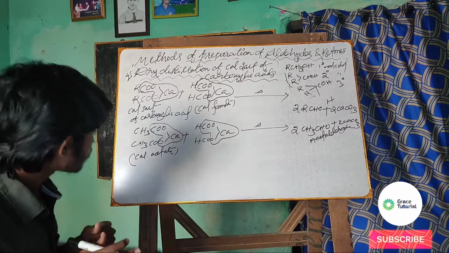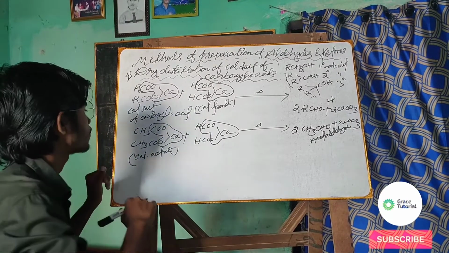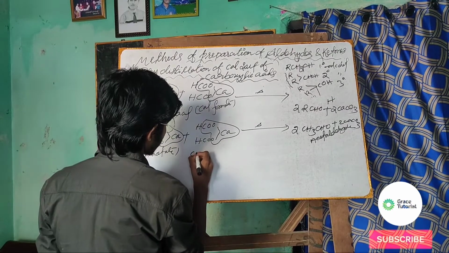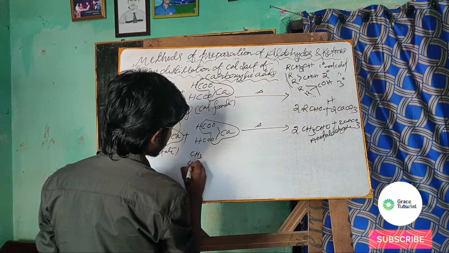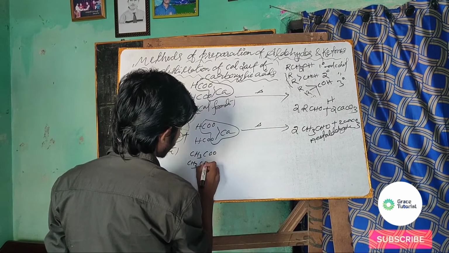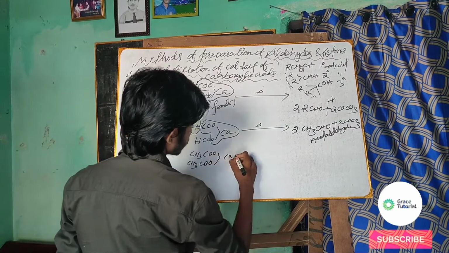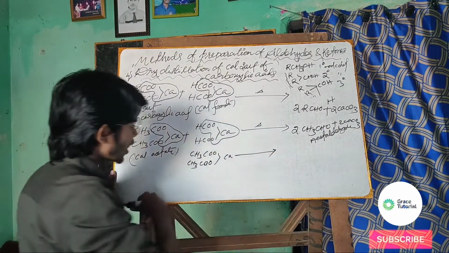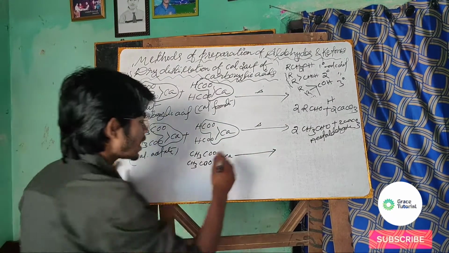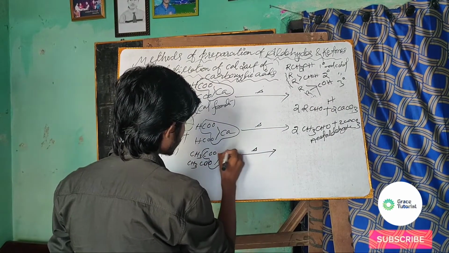But sometimes when the calcium acetate individually gets heated, that's what we need to understand. Suppose the calcium acetate, CH3COO, CH3COO, Ca. When the calcium acetate is individually heated, then what happens? The calcium carbonate results, no doubt.